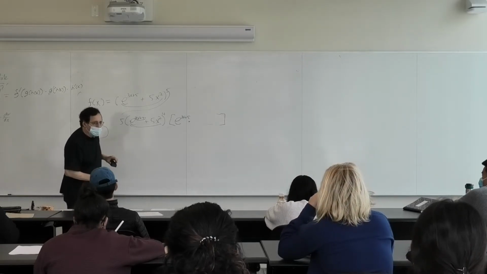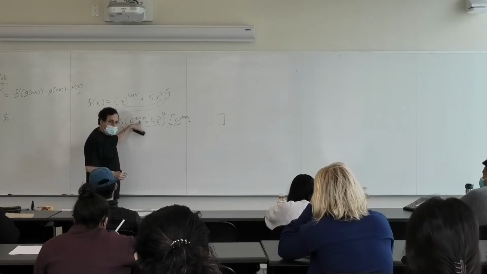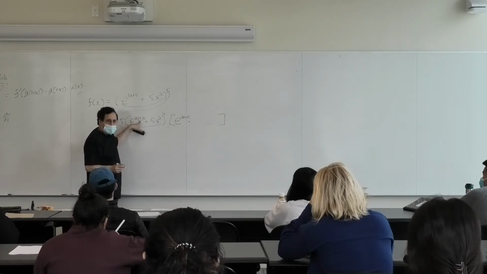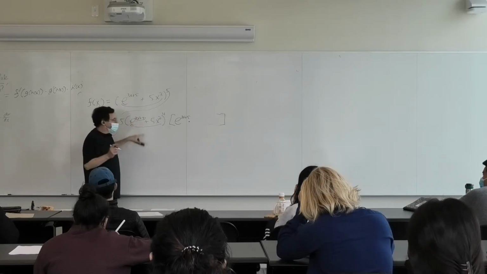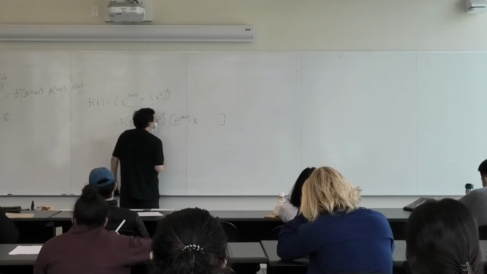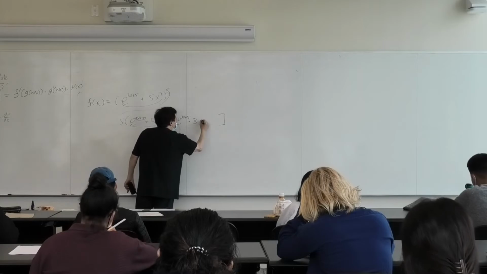You want me to multiply by the derivative of this, right? Somebody else. What's the derivative of 3x plus 5? Okay. So that becomes this, and then we have this.